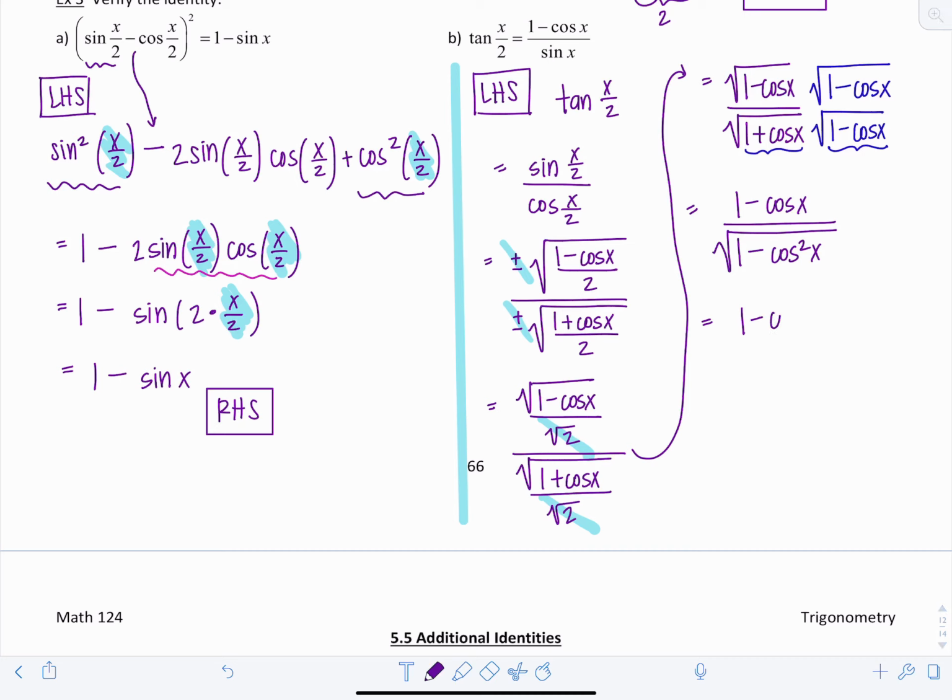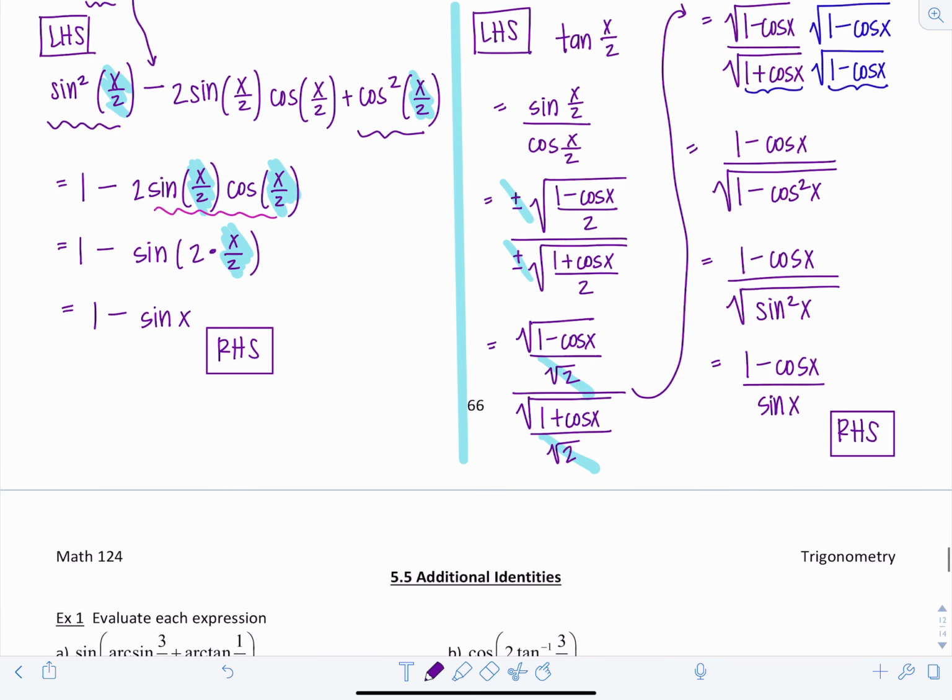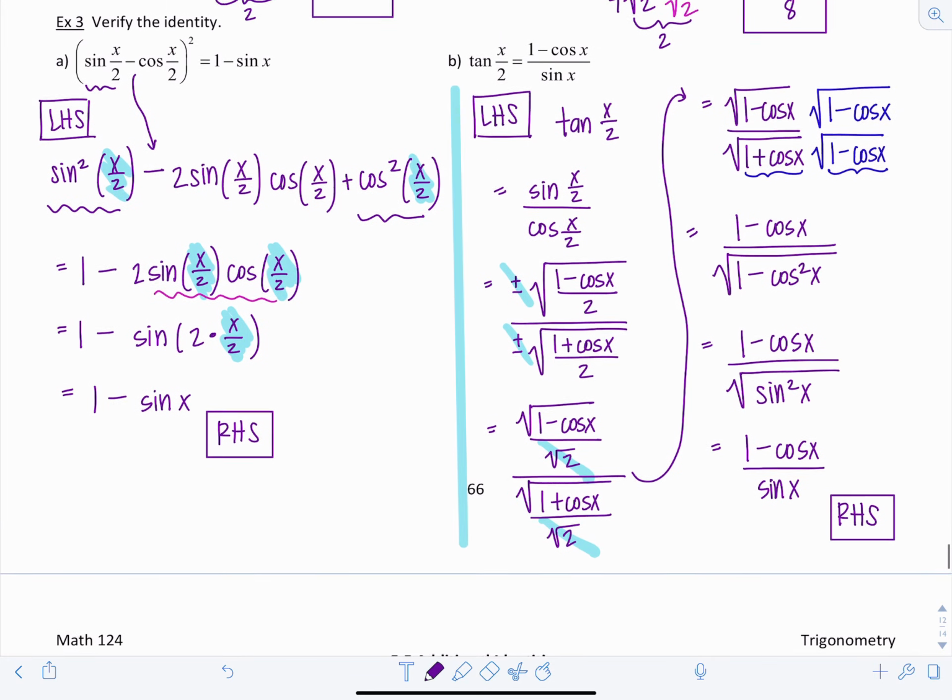And then this is 1 minus cosine x over the square root of sine squared x, which gives me 1 minus cosine x over, technically it's absolute value of sine x, but we've kind of been ignoring the plus or minuses for now. So we'll just leave it there. And then we're done. So that's the right-hand side. Woohoo! All right, so that's it. We're actually not going to cover 5.5. It's optional. So these are all your lectures for the week.